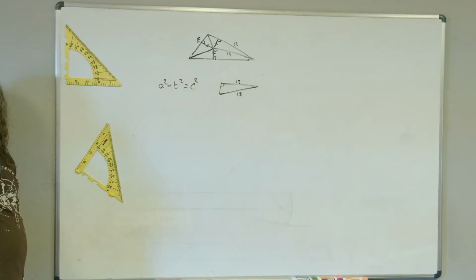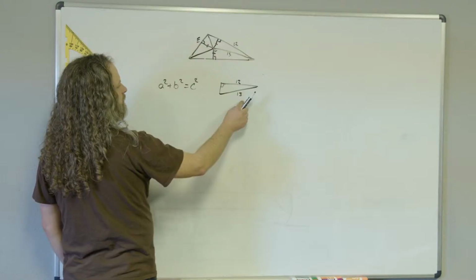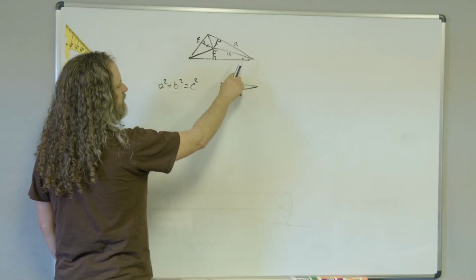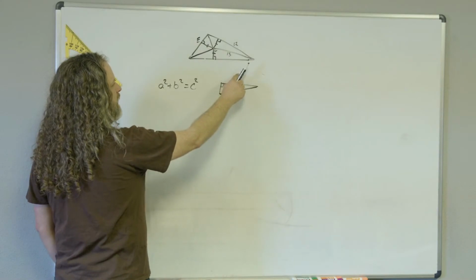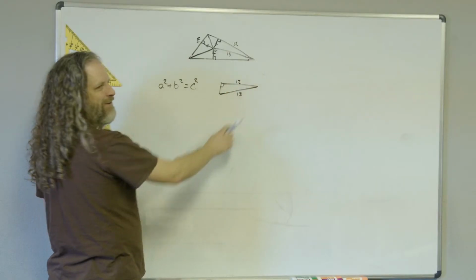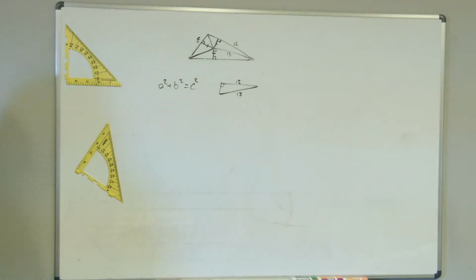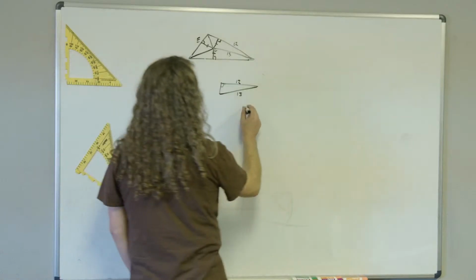Which one is C? This side, or this side, or this side? It's not this one. So it's got to be that one, process of elimination, right? How do I know which one's C? Which one is C? He's got a fancy name. What is he called? Hypotenuse. He is the hypotenuse.